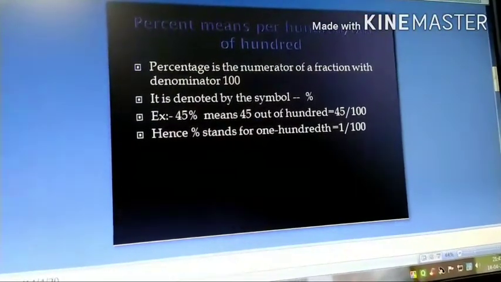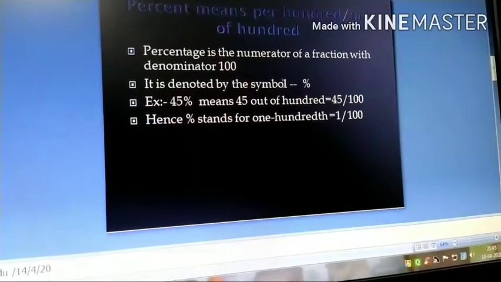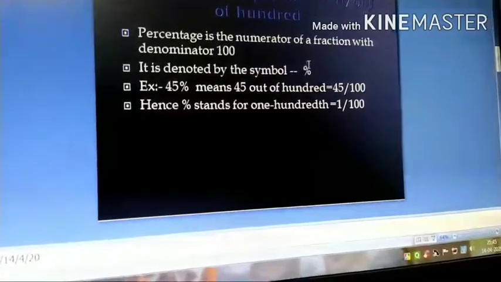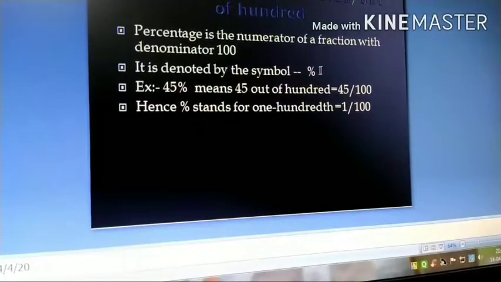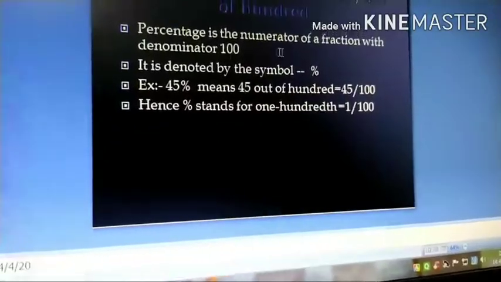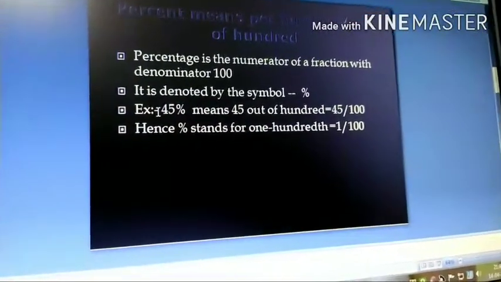We denote percentage by this symbol. See carefully that the percentage symbol is used like this. So, any percentage, for example 45%.